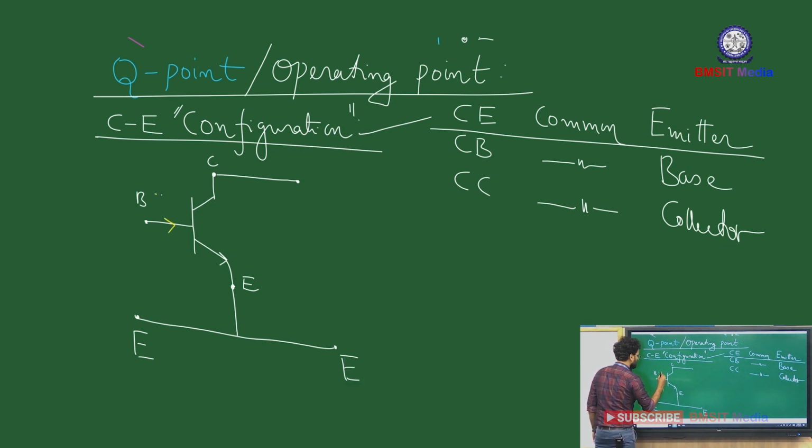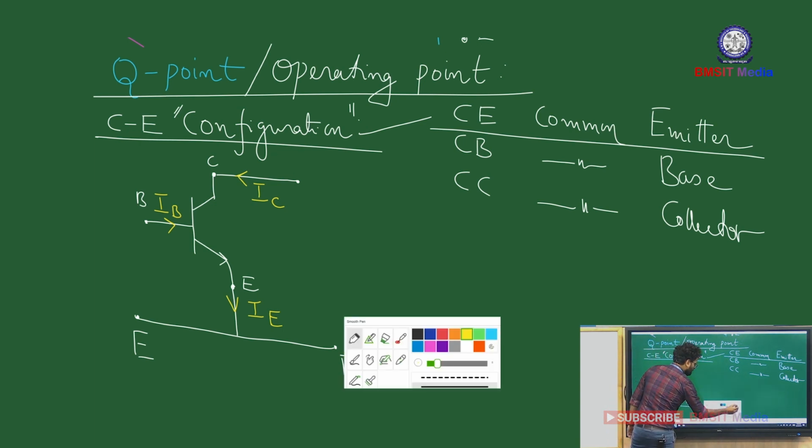All right. So let us try to mark the transistor currents and voltages. This is your base current, this is your collector current, and this is your emitter current. And also let us mark the voltages as well.